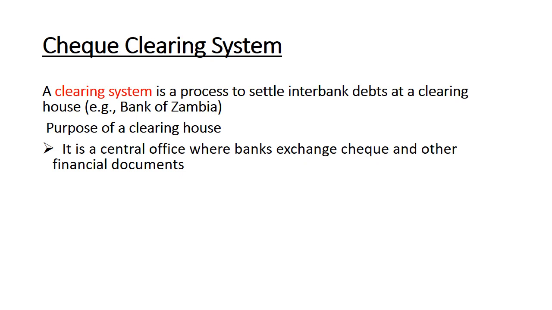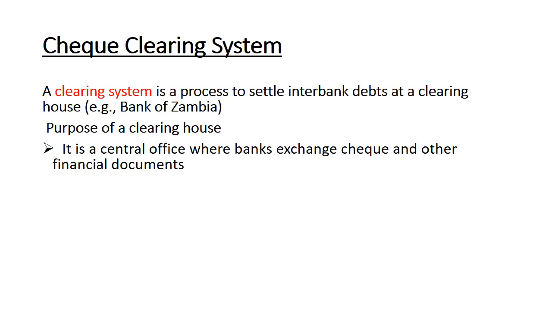Before I go any further to elaborate on the purpose of a clearing house, let me put things in perspective. You have a Zanaco account, right? Meaning that you have an account with Zanaco Bank, and Blugam Tuitions has an account with Absa Bank. So you, as a Zanaco customer, want to make a tuition payment to Absa Bank, where Blugam's account is. So how does it work? How do you transfer money from one bank to the other?